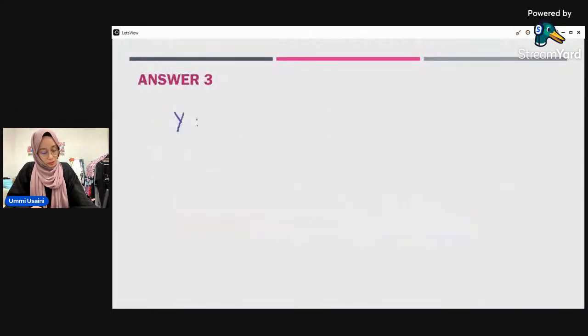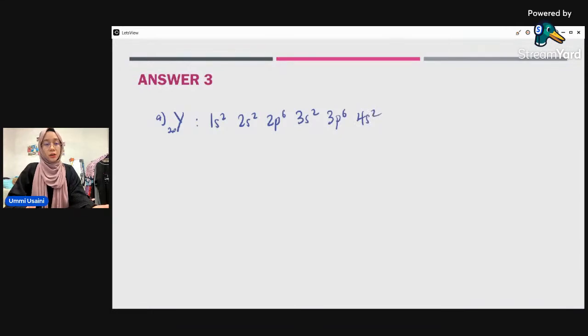So, A, so with 20 kan, ada 20 dia punya proton. So meaning ada 20 electrons, so 1s2, 2s2, 2p6, 3s2, and then 3p6, and lastly 4s2. Okay, so if you give your answer in orbital diagram, lukislah orbital diagram. Jangan mix up the orbital diagram and also the SPDF notation.